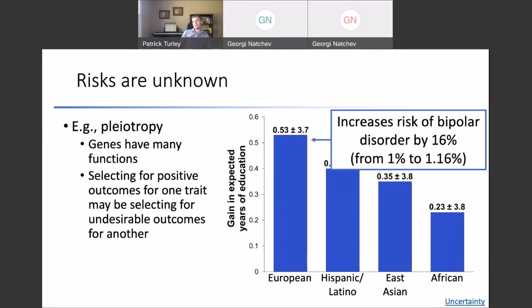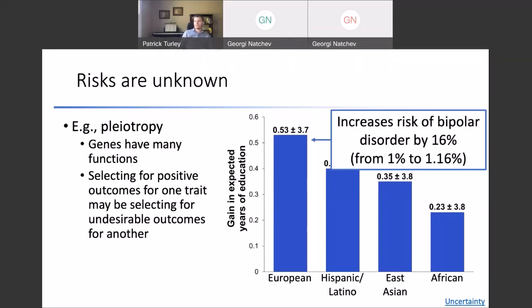And so we calculate in our paper that, based on what we know of the combined risk of bipolar disorder and educational attainment, if a couple decided to select embryos using the educational attainment polygenic score in hopes of having a child who's most likely to go farthest in school, it also increases the risk of bipolar disorder in their child by 16%. So from a 1% risk in the general population to a 1.16% risk in the selected embryo.